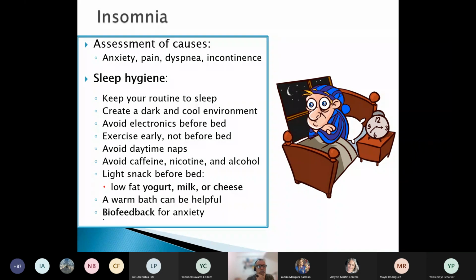I saw a question about biofeedback. You need to know what biofeedback is. Biofeedback is when you use a biological parameter like the pulse frequency or muscle contraction to guide your process of relaxation.